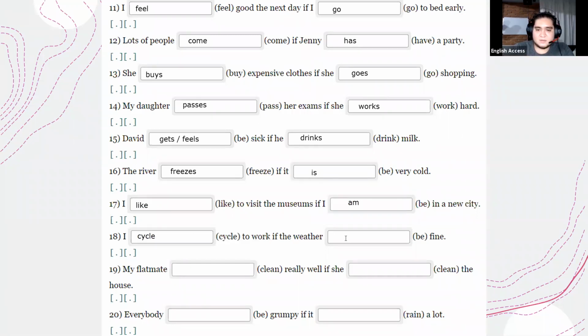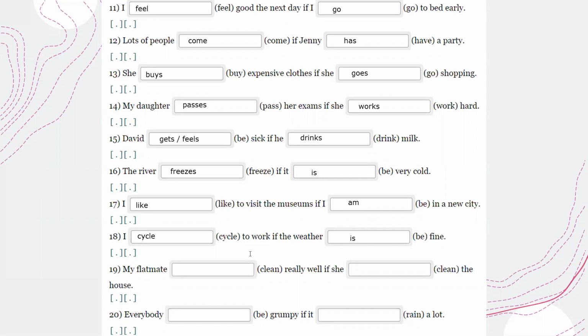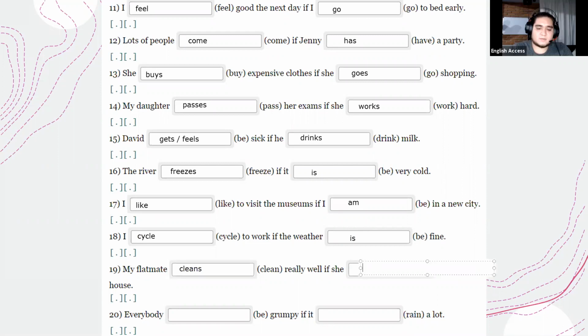Perfect. 19. My flatmate cleans really well if she cleans the house. Yes, cleans.